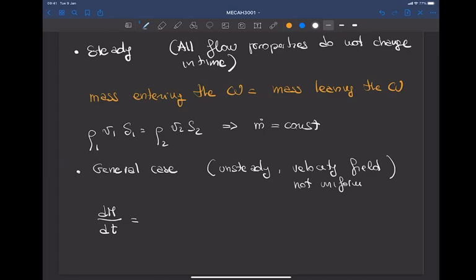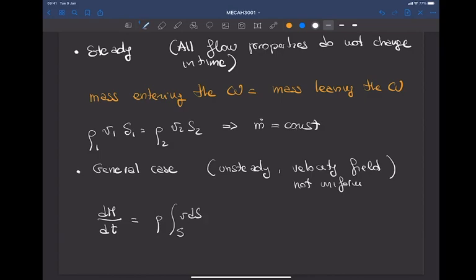So let's take the very general case that density is constant but the velocity is not constant across the inlet section. Then the mass flow rate in the inlet can be expressed as rho times the integral over the section S of v dS.